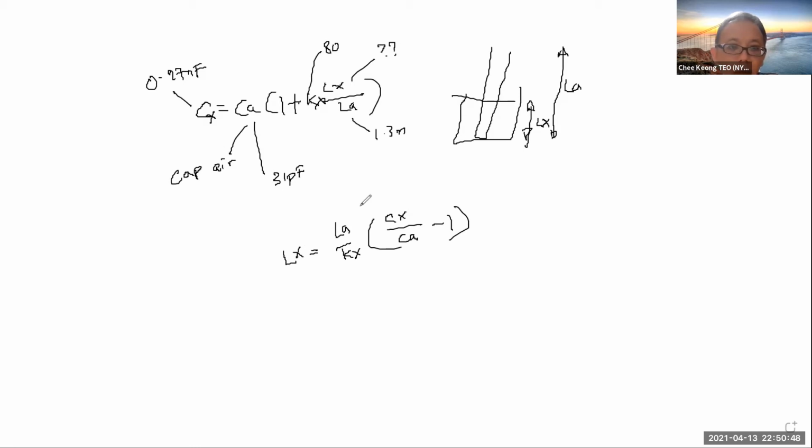So you fill in LA, which is 1.3 meter. Fill in KX, which is 80. You fill in CX, which is 0.97 nanofarad, and this guy is 31 picofarad. So you punch your calculator using this, and you will get LX equals 49 cm, or divided by 100, it's 0.49 meter.